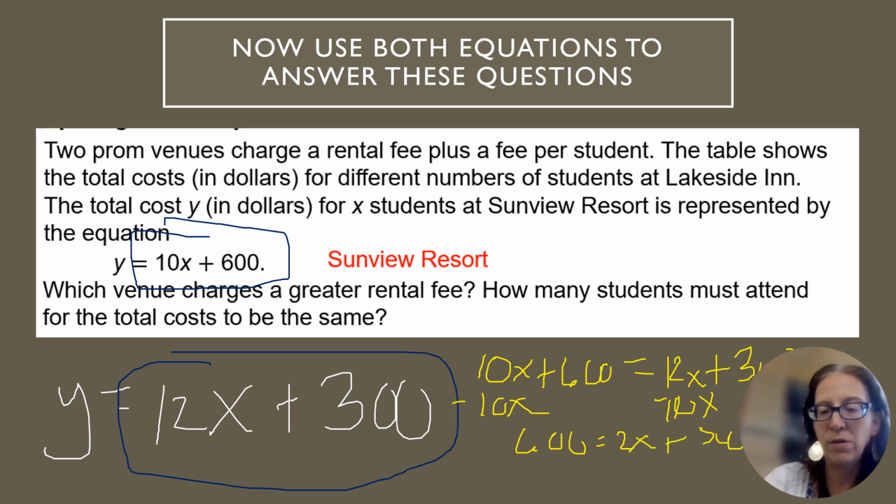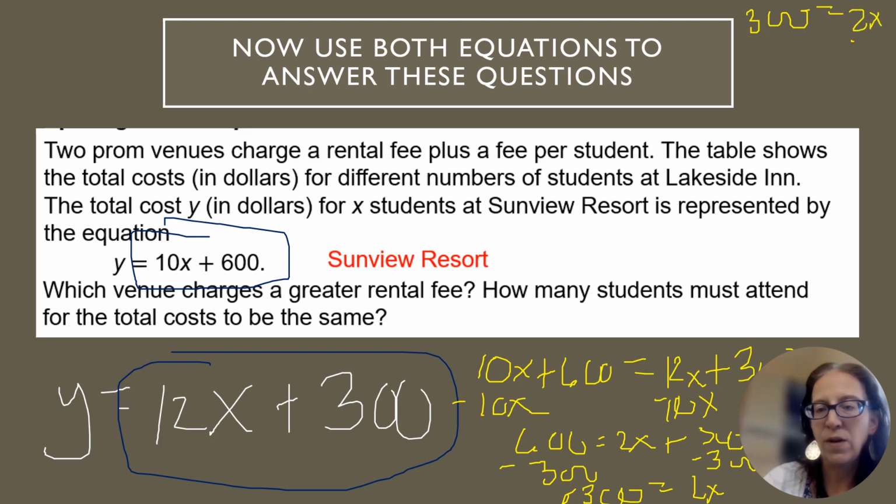Subtract the 300 from both sides. I'm out of space, so I'm going to go up to the top right, if you need to know where on the screen to look. 300 equals 2x. Divide both sides by 2, and we end up with 150 is equal to x.